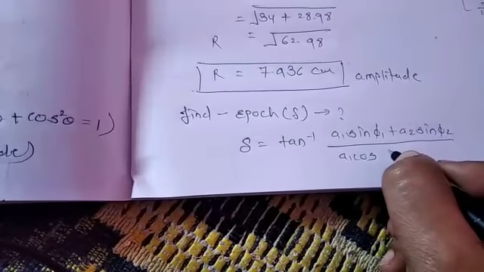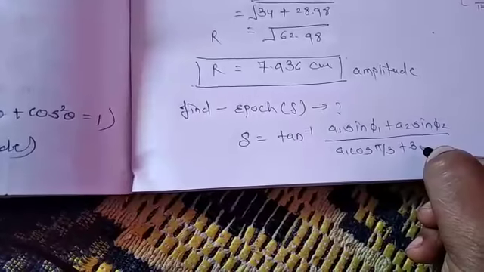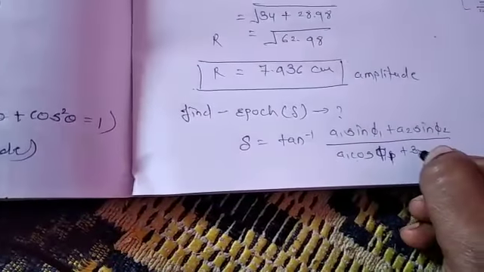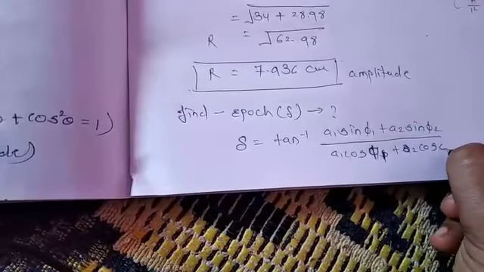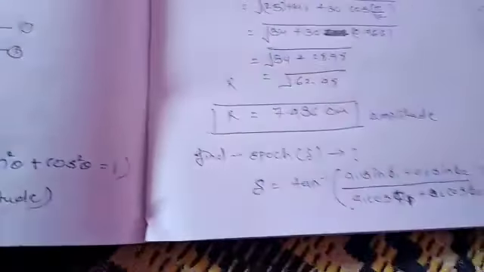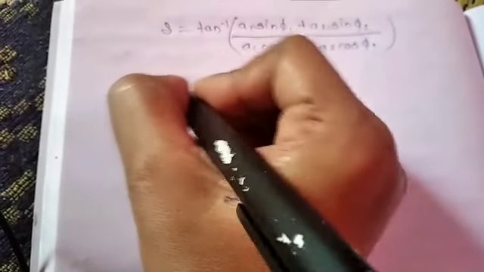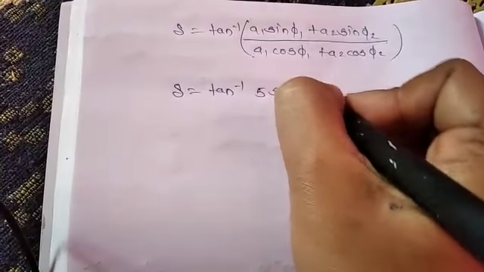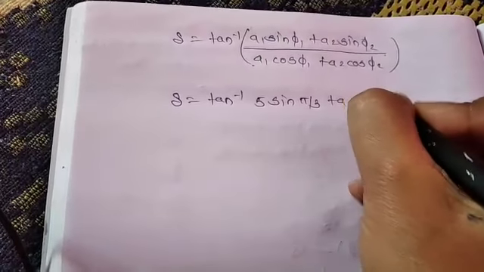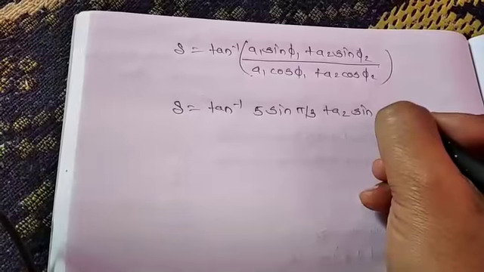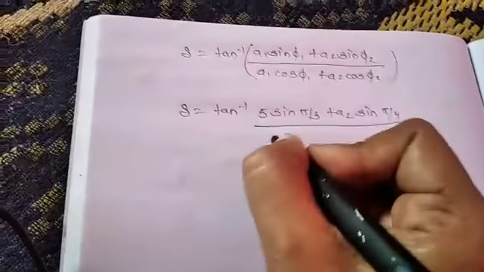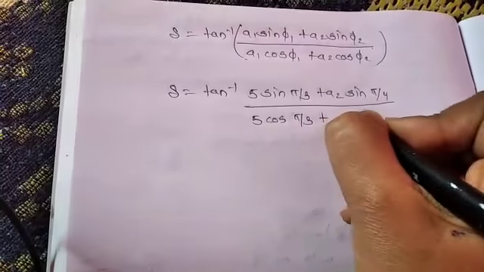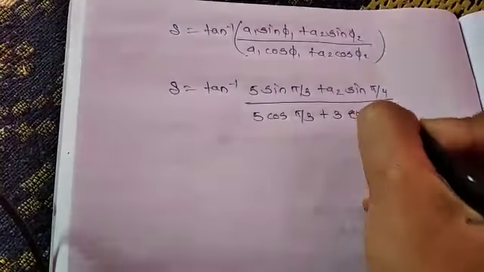For the epoch, the formula is A1 sine phi 1 plus A2 sine phi 2 divided by A1 cos phi 1 plus A2 cos phi 2. So here delta is equal to tan inverse of 5 sine of pi by 3 plus 3 sine of pi by 4, divided by 5 cos of pi by 3 plus 3 cos of pi by 4.